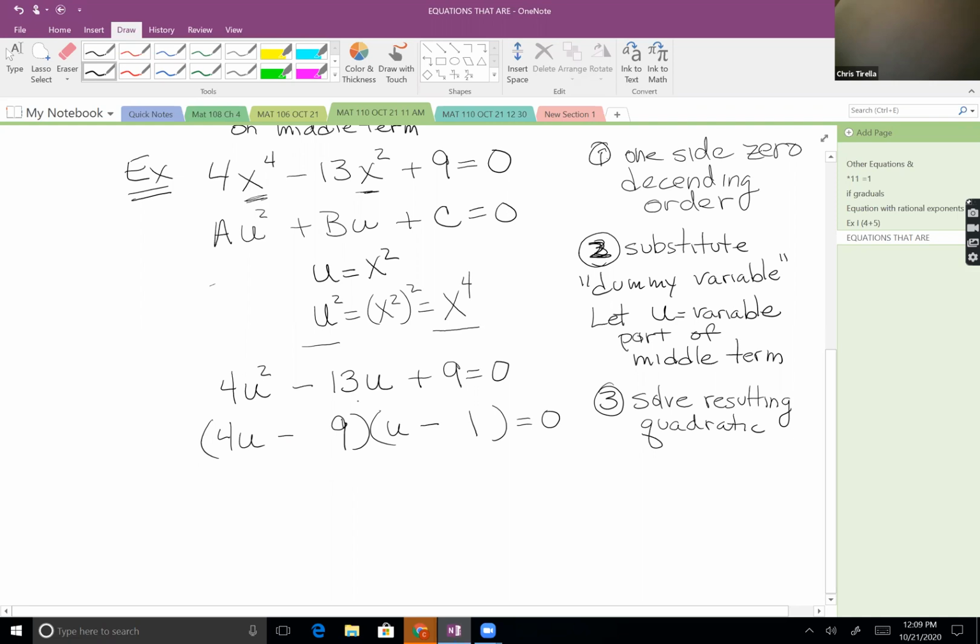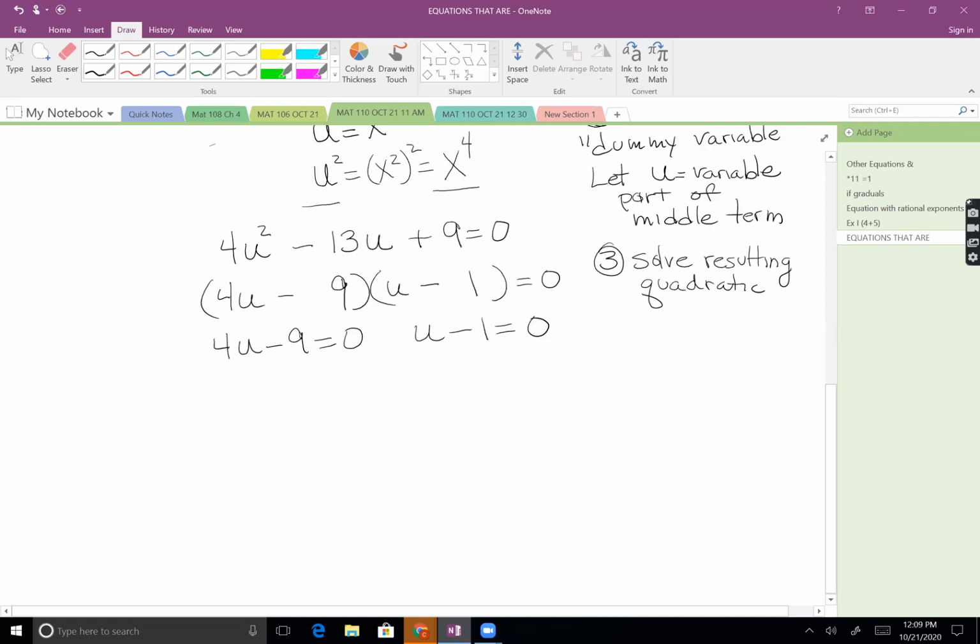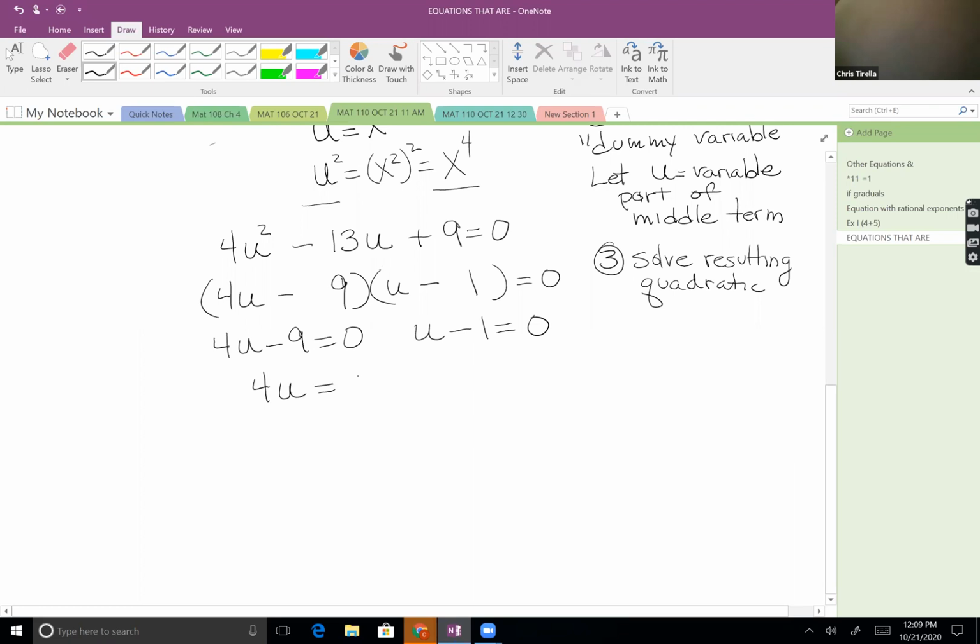That would give me that minus 13u in the middle. For a product to be 0, one of the two factors must be 0. So that gives me 4u equals 9, and u is 9/4. And over here I get u equals 1.